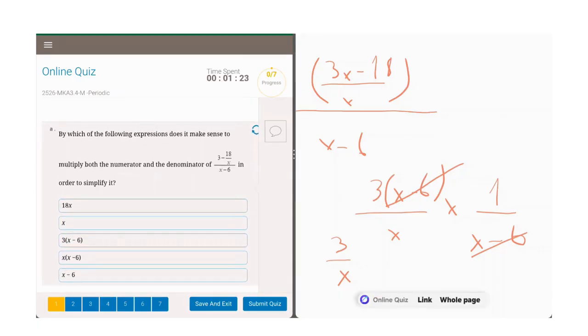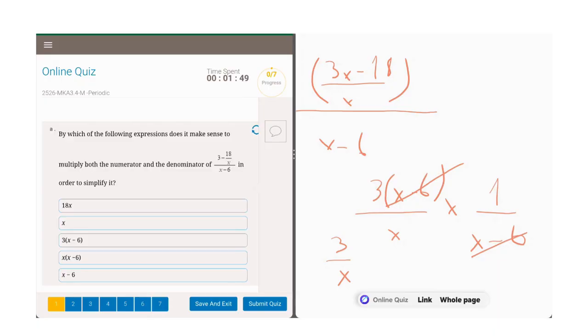So for the first question, by which of the following expressions does it make sense to multiply both the numerator and the denominator of 3 minus 18 over x all over x minus 6 in order to simplify it? Here they're asking what we need to multiply 3 by to get the LCD in the top numerator.